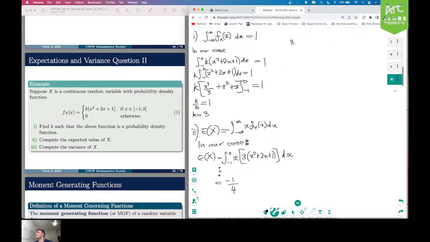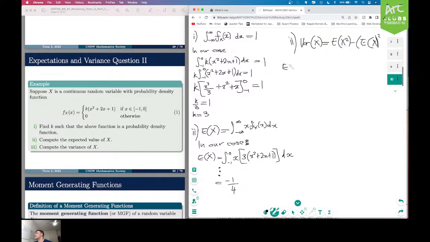Now the variance can always be written in terms of expectation. So what we can say is that we know that the variance of x is equal to the mean of the square minus the square of the mean. And so all that we want to do is, we have this guy already, right? So all that we really have to do is find that.